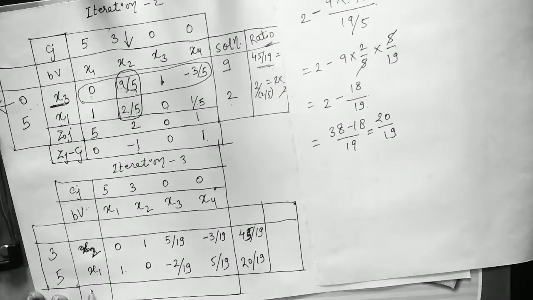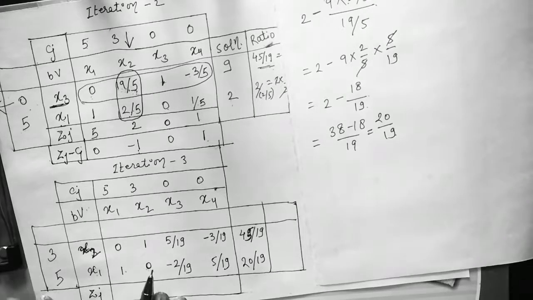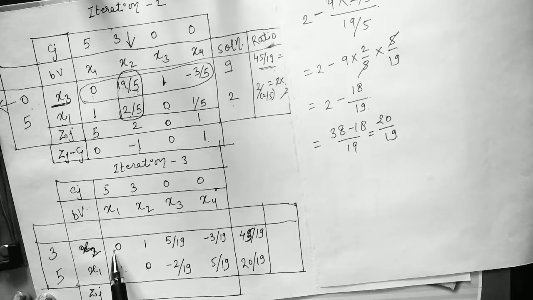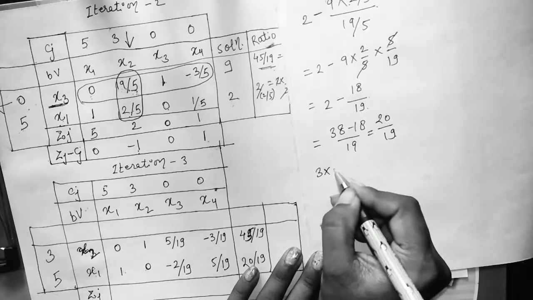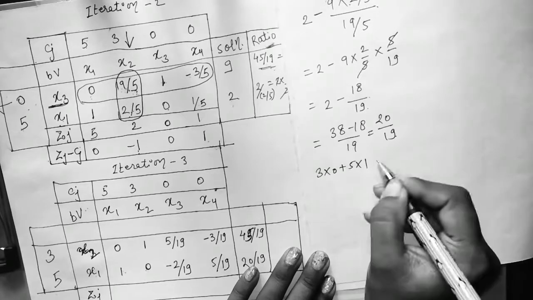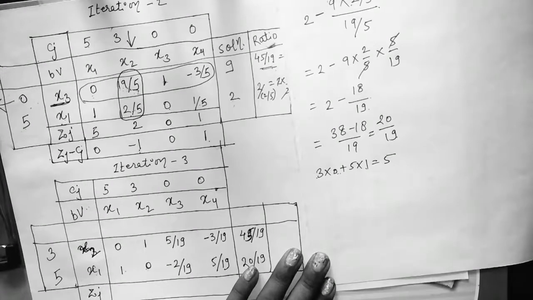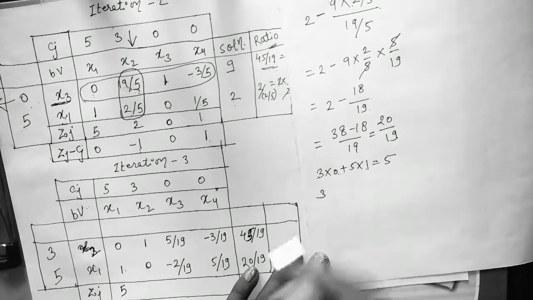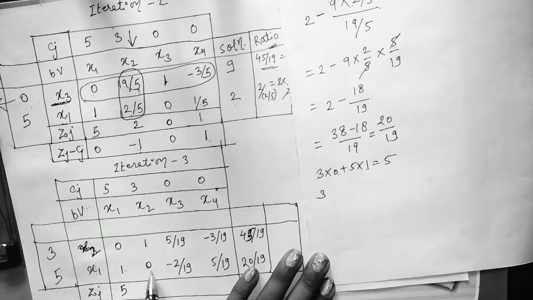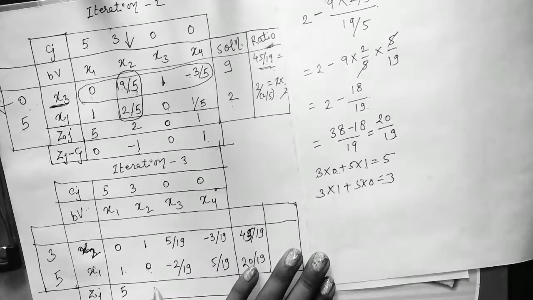Now we will calculate Zj. So the same formula: 3 into 0 plus 5 into 1, this is equal to 5. Next, 3 into 1 plus 5 into 0, this is equal to 3.